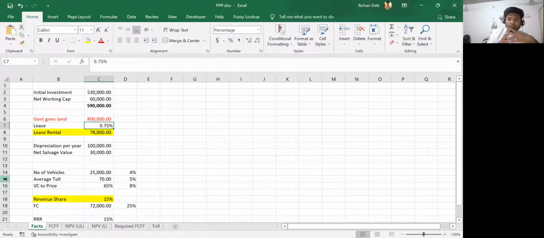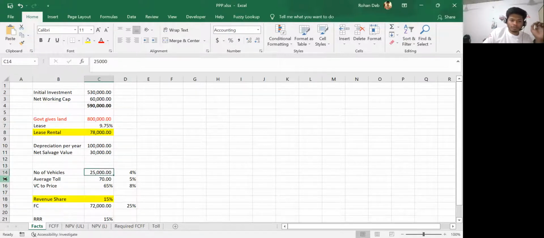Instead of 9%, you give me 12%. So that can be a different question, that if sir asks, okay, what will happen if government asks for 15% as lease rental and does not want revenue, or if government wants only 5% lease rental and revenue share is 25%, what is the ideal situation? So that's not the question that we are dealing with right now.